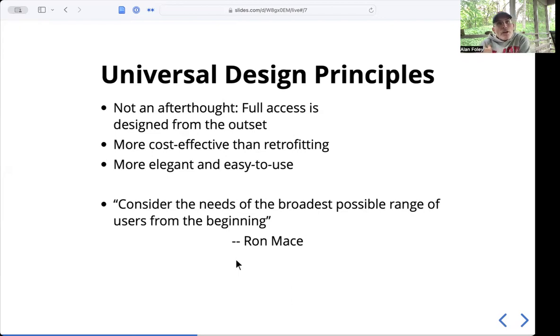In my first university position, I was at North Carolina State University. The accessible entrance to the School of Education was basically through the loading bay area.